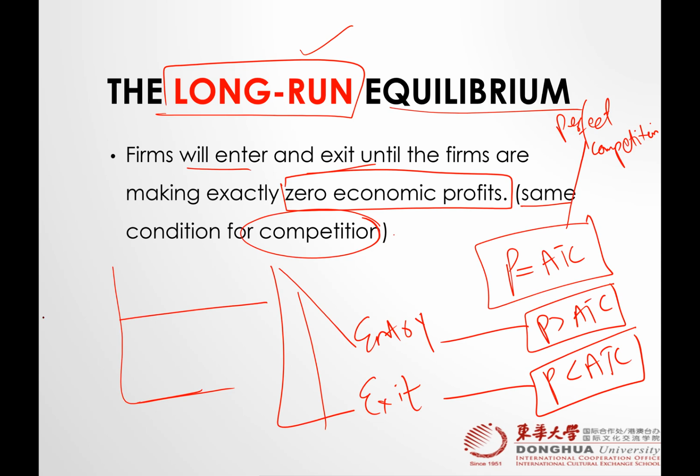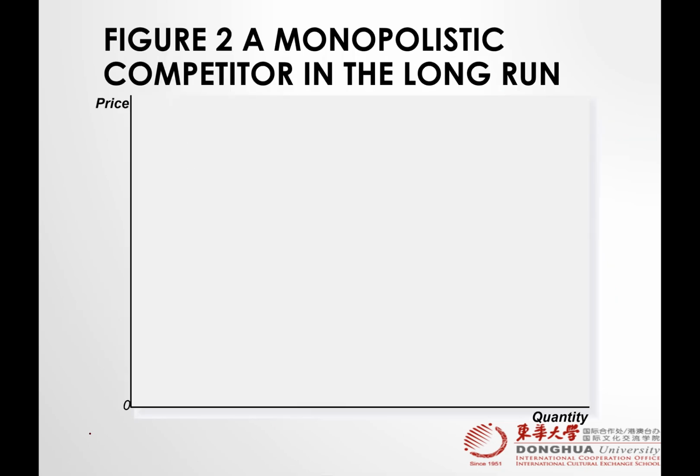In perfect competition, MR is equal to AR is equal to P, but here MR is always less than P. So how can this be the same as competition? Only for one condition, and for the rest we need to compromise.